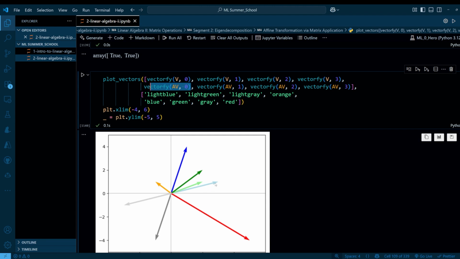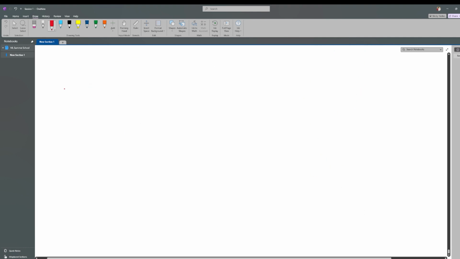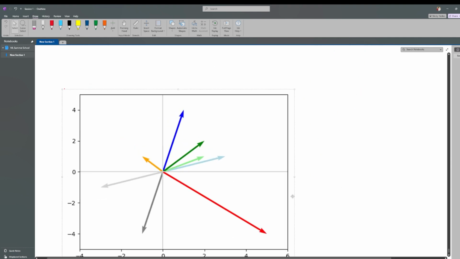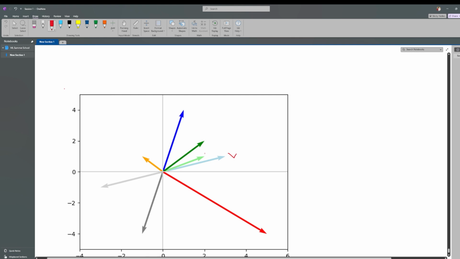So earlier we had only this particular one. Let me take this one and make you understand. Great. Let me just zoom in a bit. This is our V. This is V2.